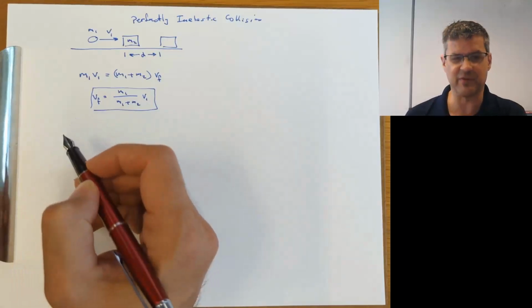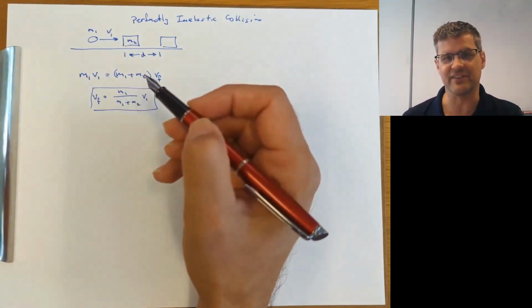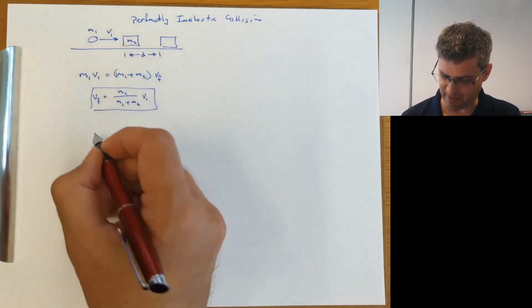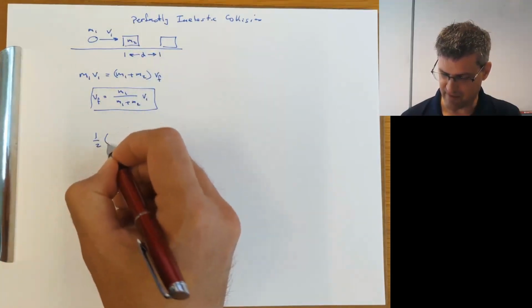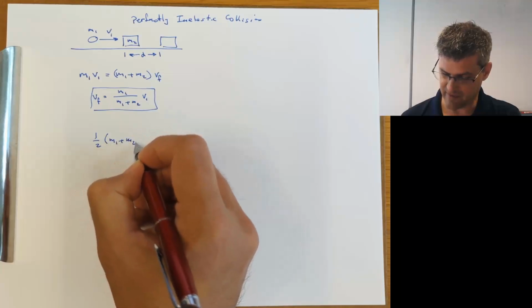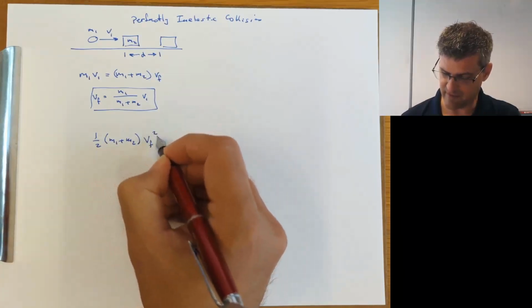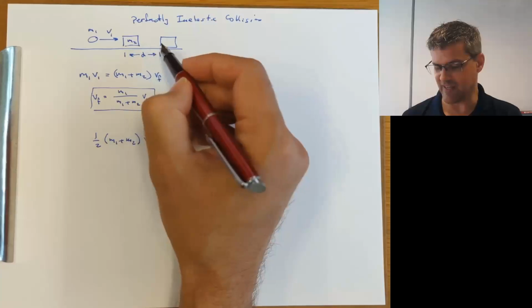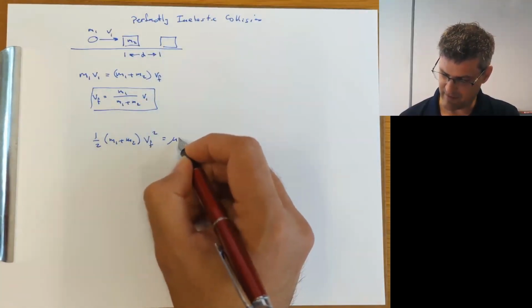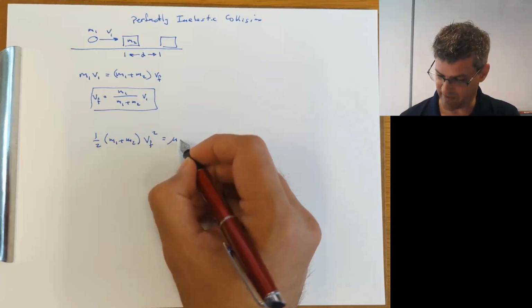But this isn't all of the problem. After the collision, something else happens. Now we have this new composite object that has some kinetic energy. And it's going to slide until it stops by having frictional work done on it.